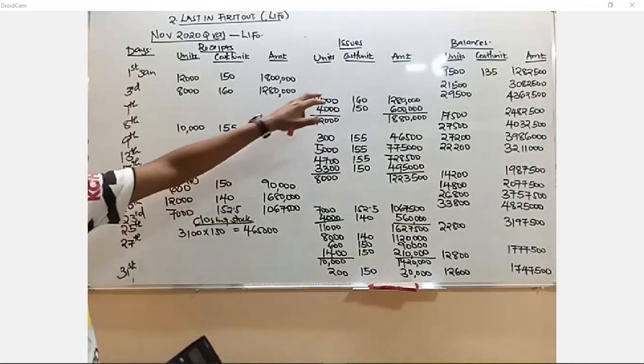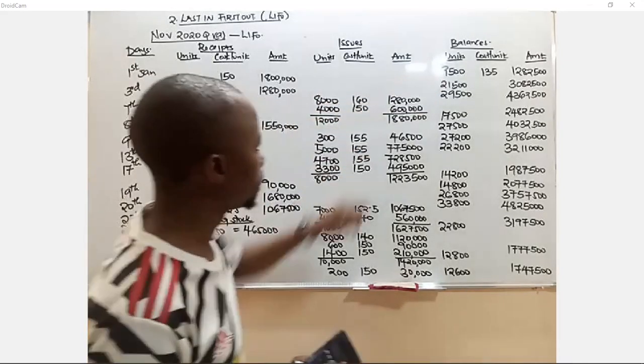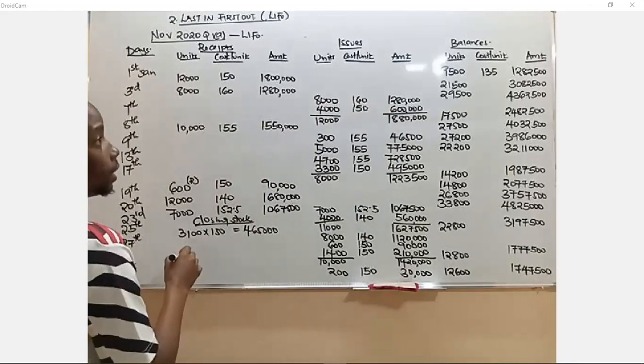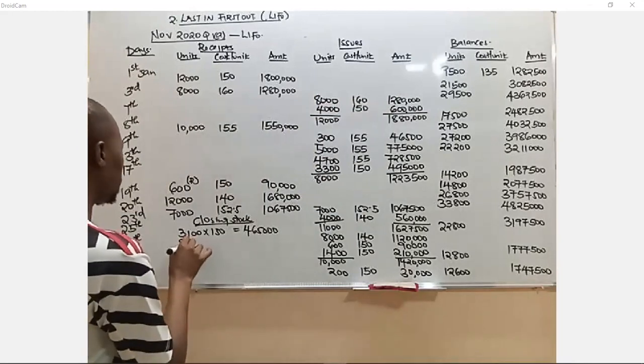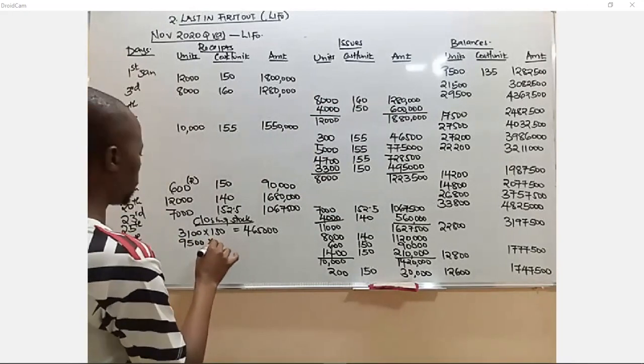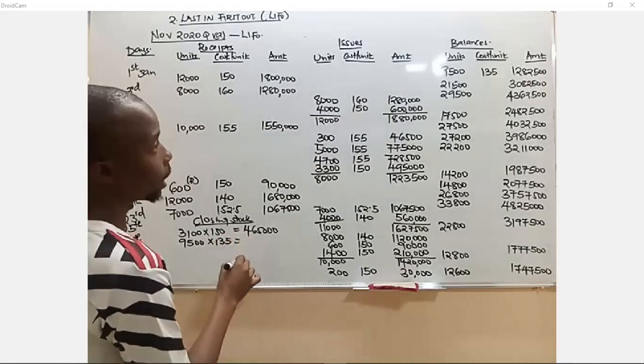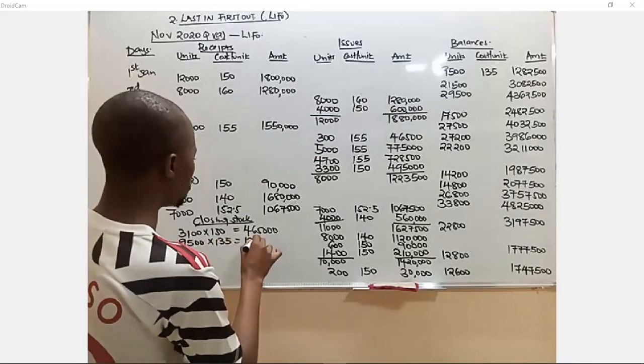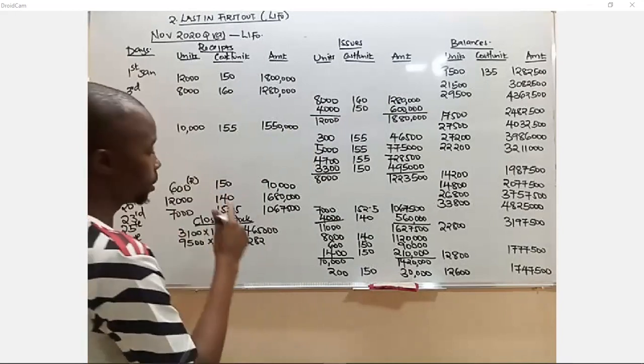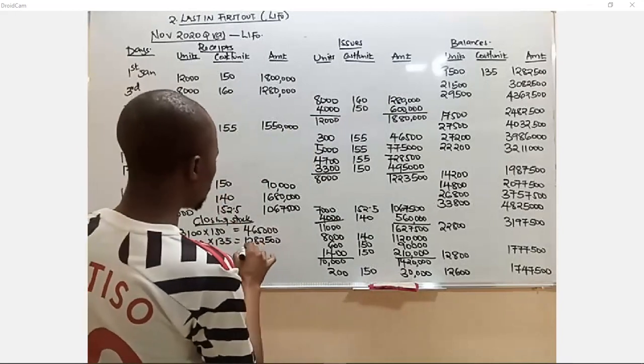Now the other balance that is remaining here, the 9,500 times 135, getting how much? 1,282,500. So what are the totals?